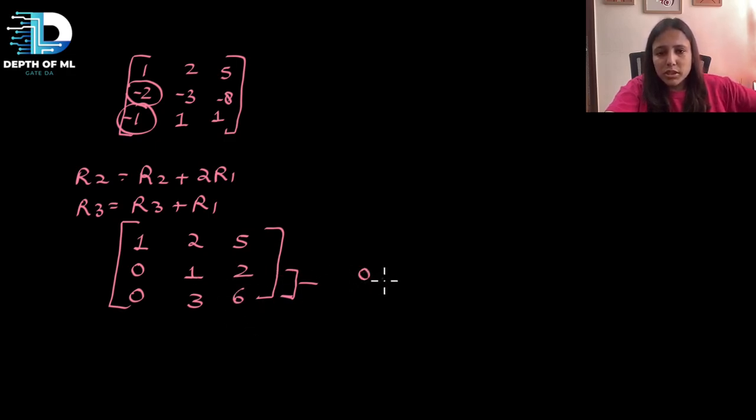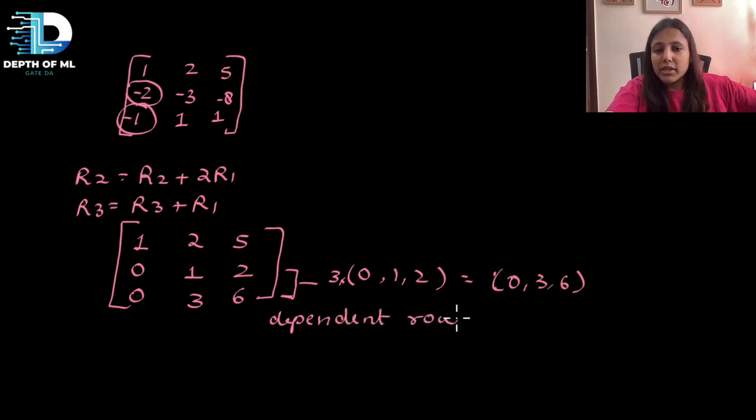So 3 times the vector 0, 1, 2 is actually equal to 0, 3 and 6, right? So these are dependent rows. Now if you have dependent rows in a matrix, then you know that the determinant is going to be 0, right? Or this particular matrix is not going to have only the trivial solution to the equation Ax equals 0.